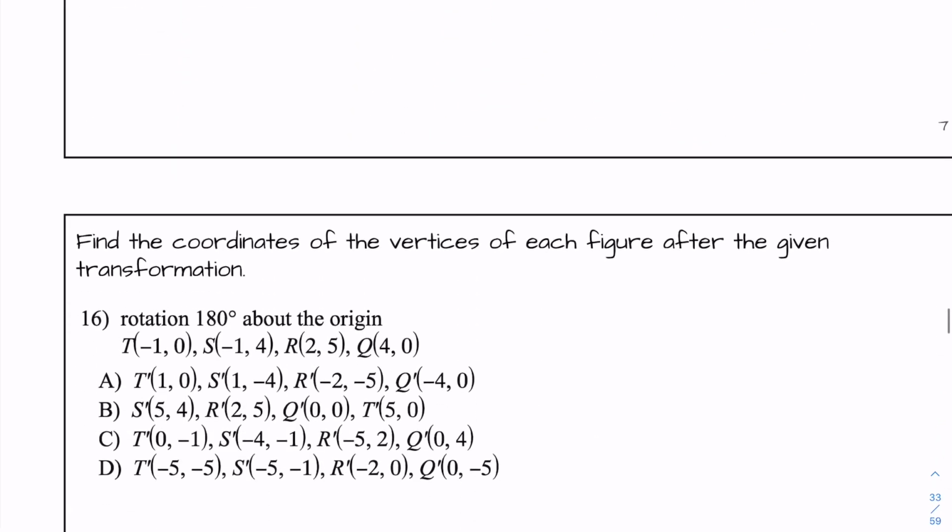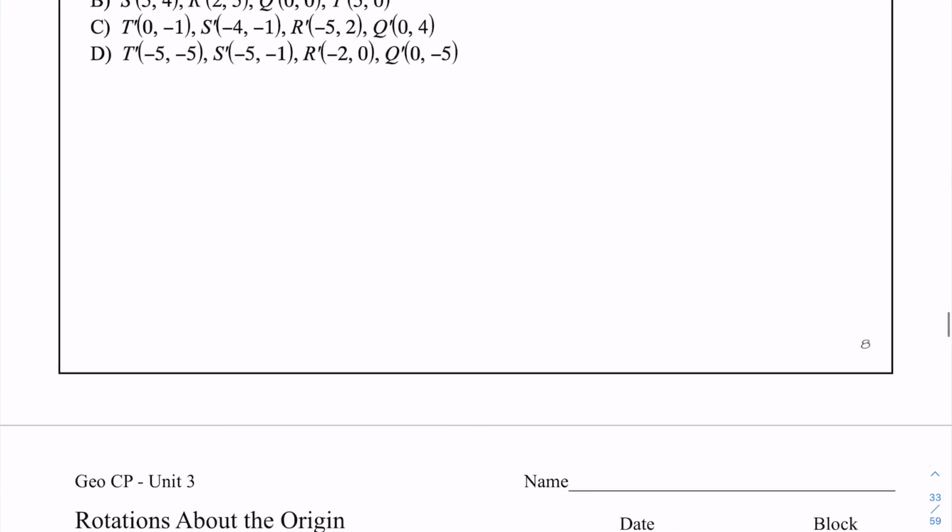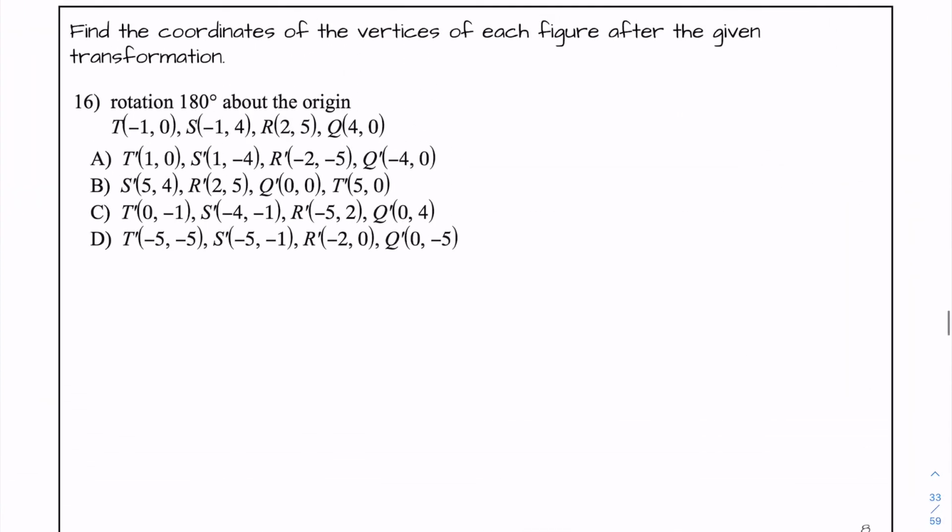And your last one that I'm going to do is number 16. So you're pretty much a quarter of the way done with this worksheet. It's find the coordinates of the vertices of each figure after the given transformation. So what I'm going to do is take a rotation of 180, which is opposite x, opposite y.